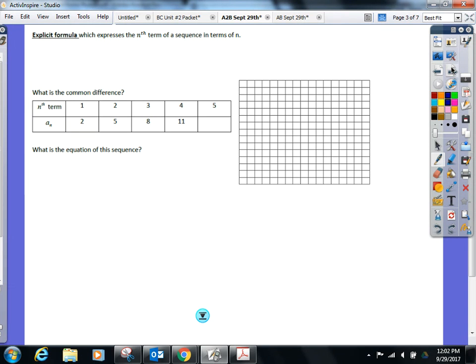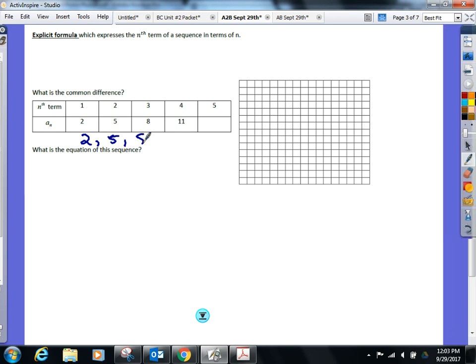Explicit formula. I'll talk about that in a second. That's going to be the equation that represents your sequence. What I need you to do right now quickly, first term, second term, third term, fourth term, fifth term. So here's my sequence, 2, 5, 8, 11, blank. Fill it in for me real quick.